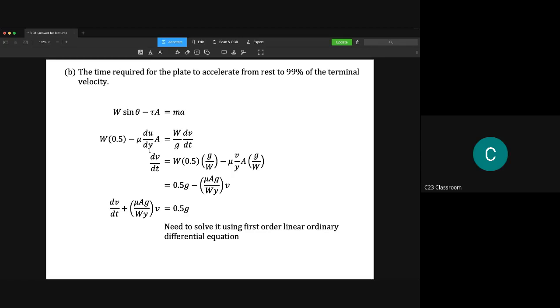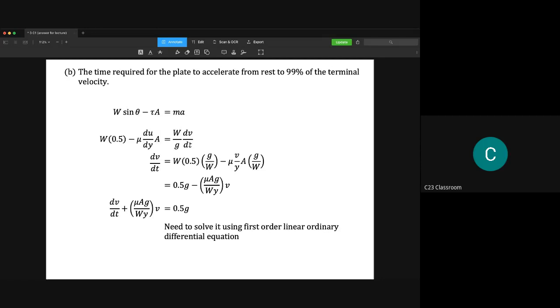So we have 30 degrees here, so sine theta is 0.5. We substitute the value of shear stress, tau equals mu du dy, and A is maintained as A here. And then the mass m is actually the weight over gravity, and everybody knows this. And the acceleration here is dv over dt.